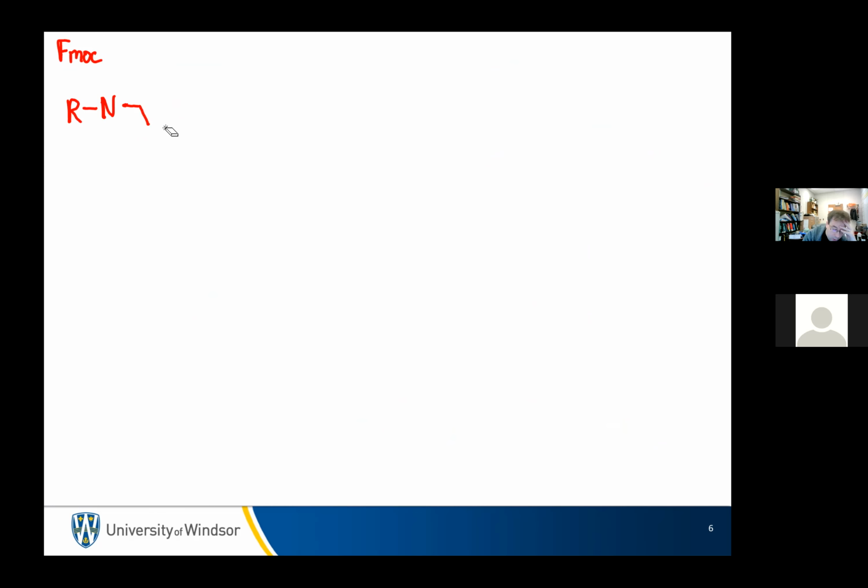It's really hard if I draw it wrong. It's very, very specific. It's a very, very balanced acid-base reaction. So this is Fmoc.